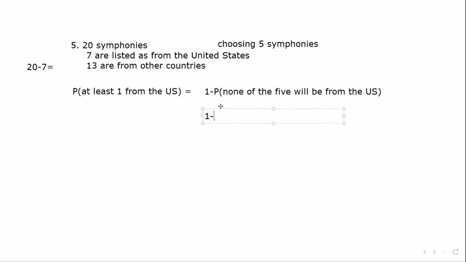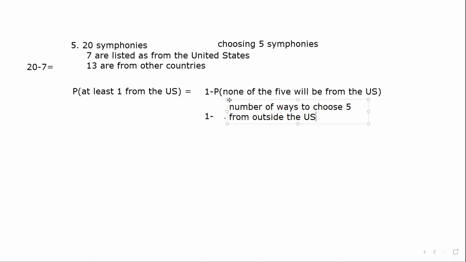Now, if I want the probability that none of the 5 will be from the US, then all 5 will be from somewhere else. So here I have to create a fraction, right? And on top of that fraction, I have the number of ways to choose 5 from outside the US. Okay, which is what I want.